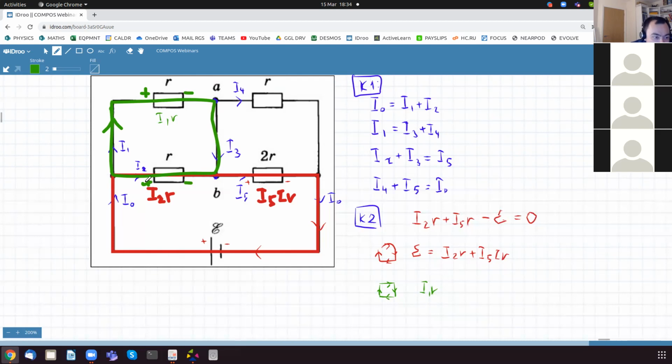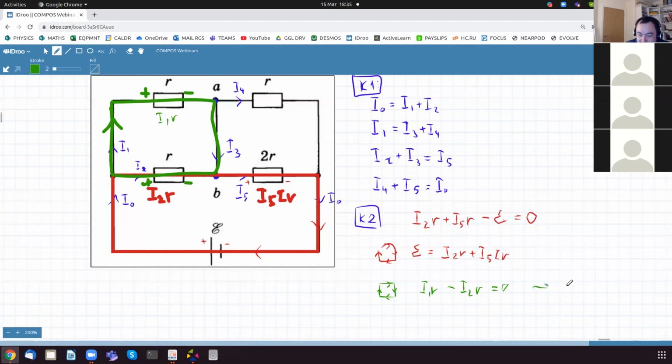When we reach this one, we go from minus to plus. Plus is where the current enters, minus is where the current leaves. So minus to plus, it's going to be minus I2R equals 0. You could always just say that because they are in parallel, the voltage is the same, which is good enough. So I1R is equal to I2R.